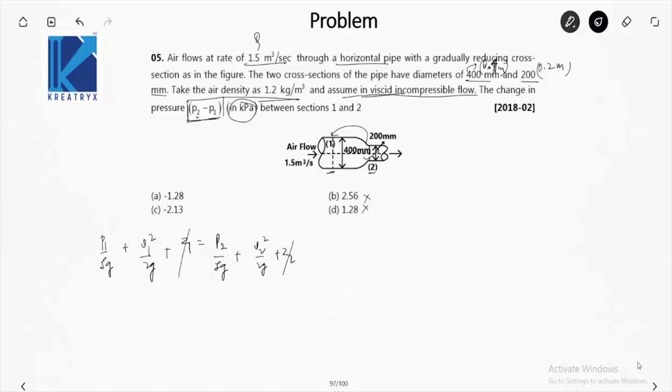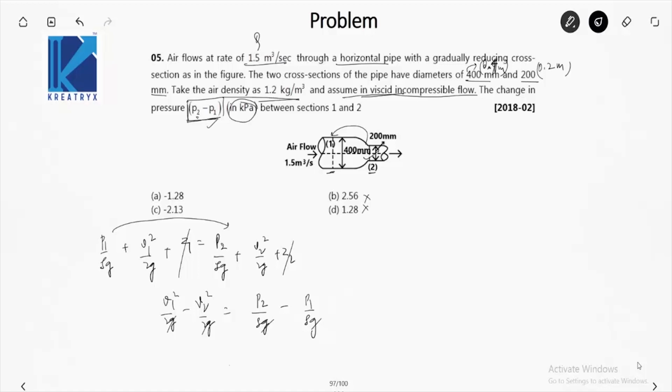Now we have to find P2 minus P1. So V1 square by 2g minus V2 square by 2g is equal to P2 by rho g minus P1 by rho g. The g's got cancelled out. So P2 minus P1 we have to find.